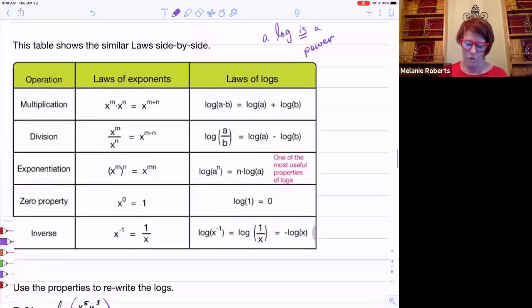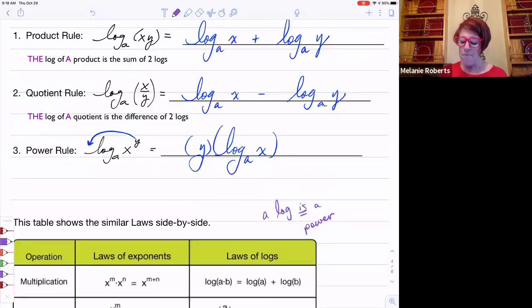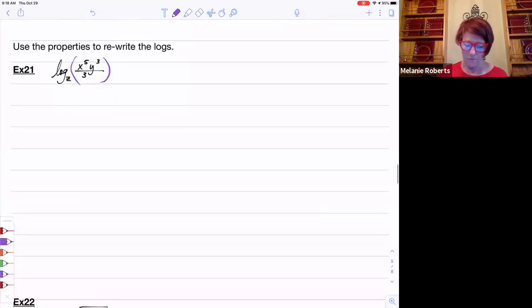So what I want to do then is use my quotient rule, and I want to have the log of my top guy minus the log of my bottom guy. So let's write that first. This is going to equal log base z, don't forget about that, of the top guy. Well, the top guy is x to the 5th y cubed minus log base z of the bottom guy, which is just a 3.